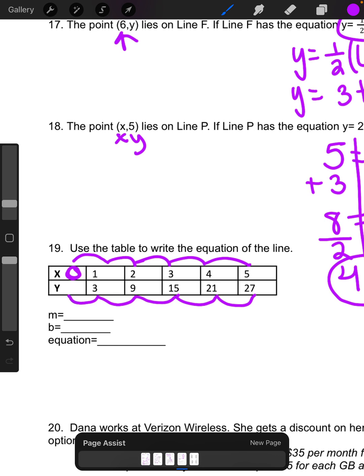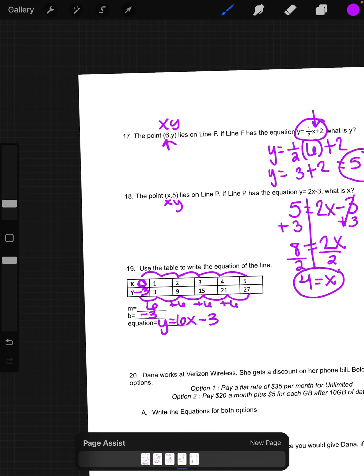So to go back 1 term, I'm going to subtract 6. So 3 minus 6 is -3, which gives me my b is -3. I already found my slope. It was all those plus 6's that I was finding. So my slope is 6, meaning my equation for this line is y equals the slope that we found, which is 6x, and the y-intercept we found, which is -3.